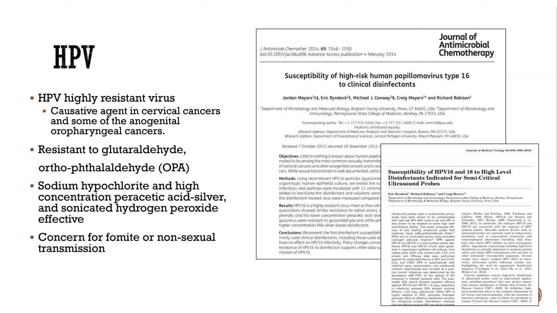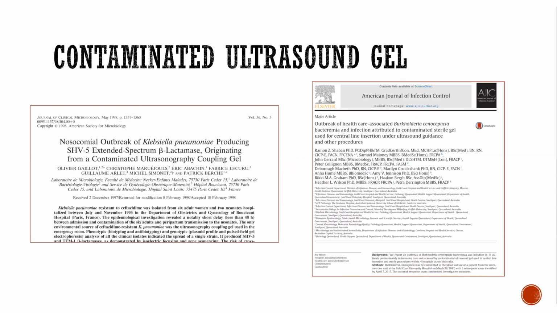Contaminated ultrasound gel has also been a source of outbreaks. There are two main ways that it happens. There's a risk of contamination at the point of manufacture, and then there's the risk of transmission where we have inoculated the gel. So thinking back to our open gel bottle, how we use the gel is important.